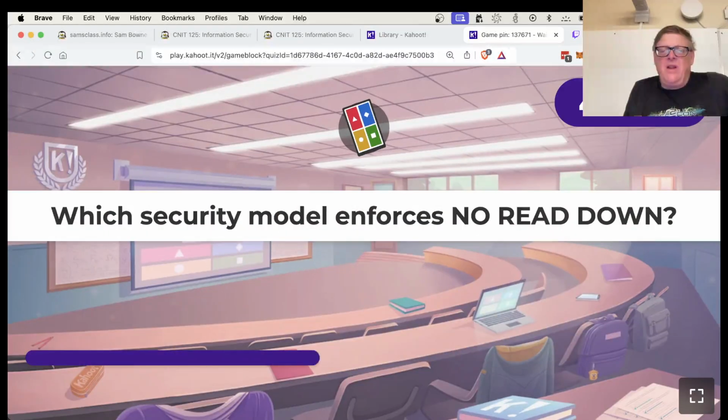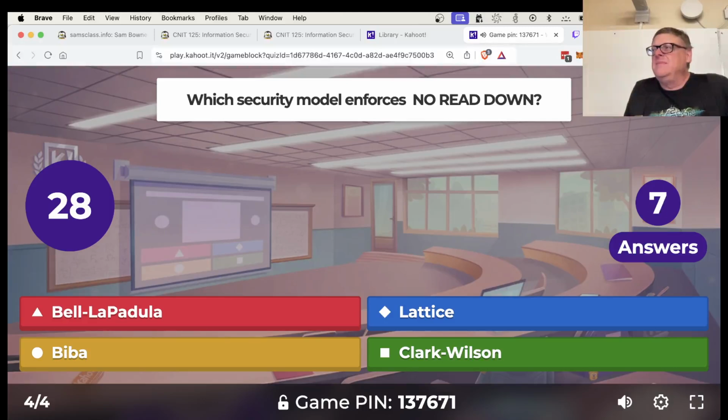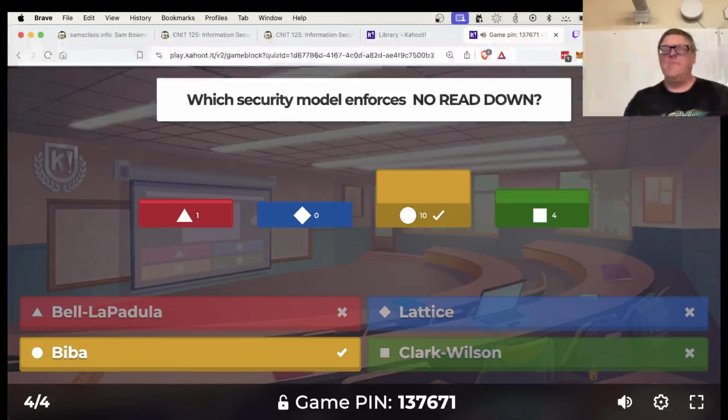All right, which security model enforces no read down? That's BIBA, the second one, that gives you integrity.